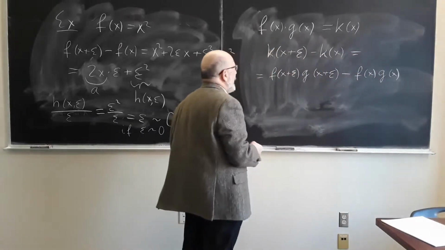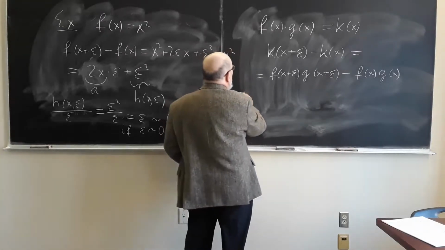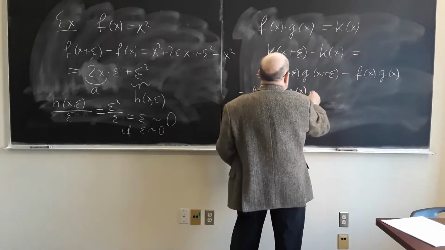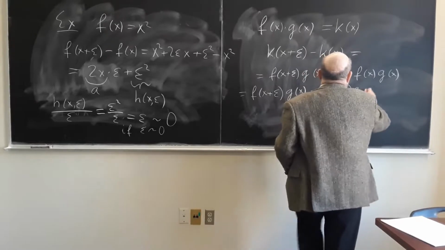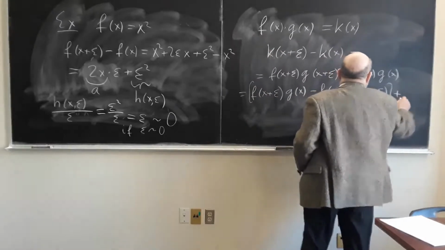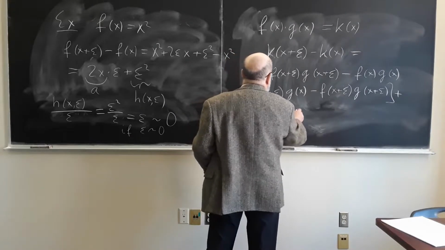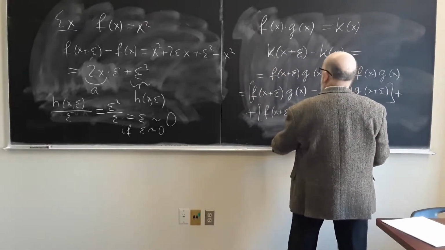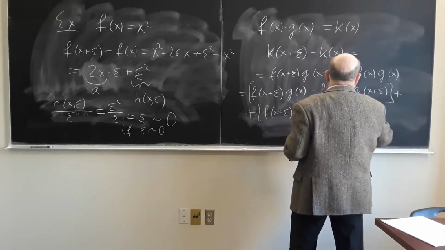And now let us make the usual trick: equals f(x plus epsilon) g(x plus epsilon) minus f(x plus epsilon) g(x) plus f(x plus epsilon) g(x) minus f(x) g(x).